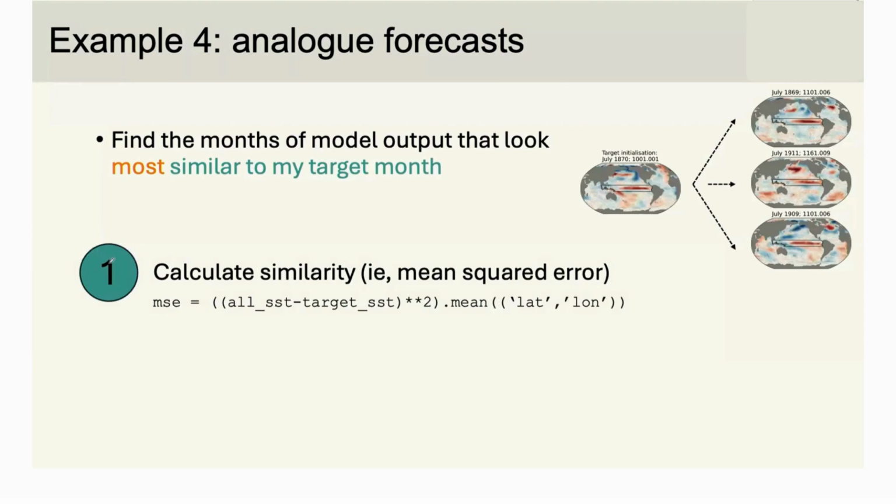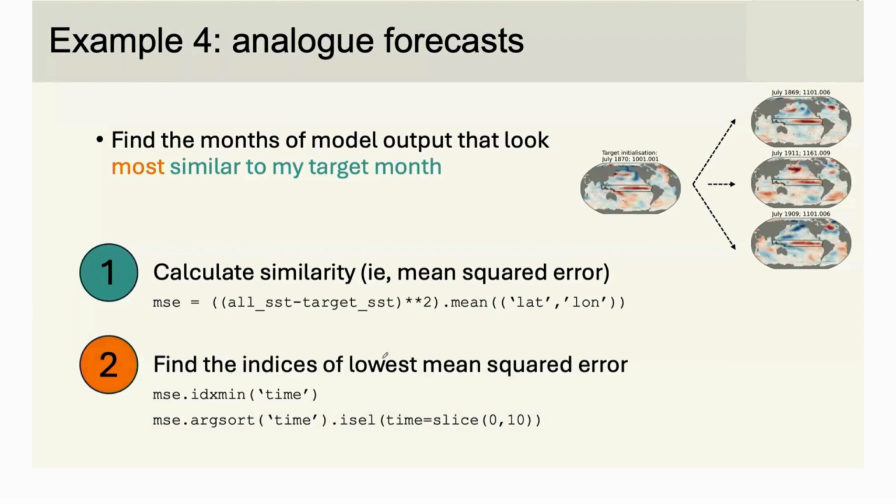And so the first line of finding these analogs is calculating mean squared error for all of these. So looking at the difference between the sea surface temperature and the target sea surface temperature, and then square that and find the mean. And then having done that, I now have a single number for all of my potential months that could be used as analogs.